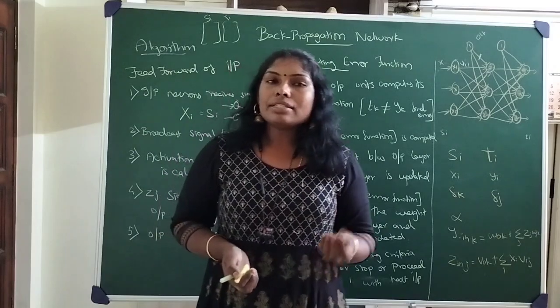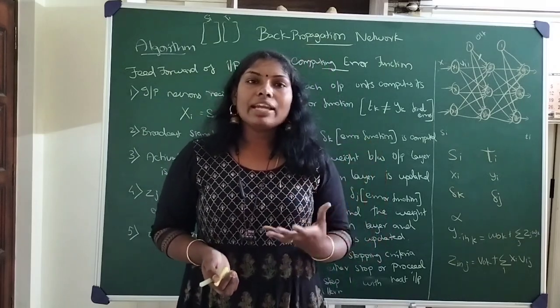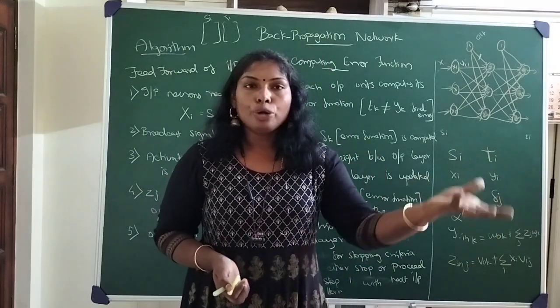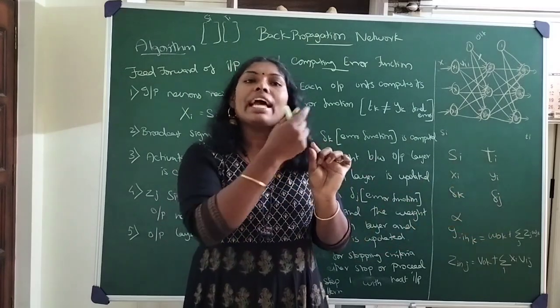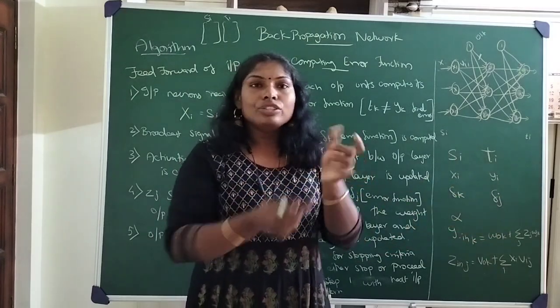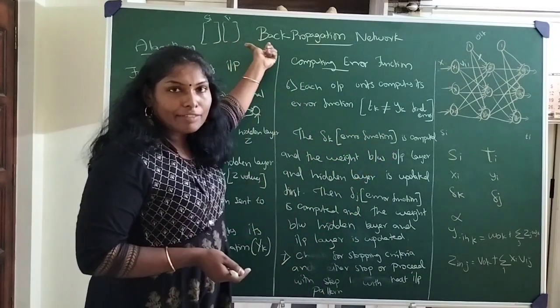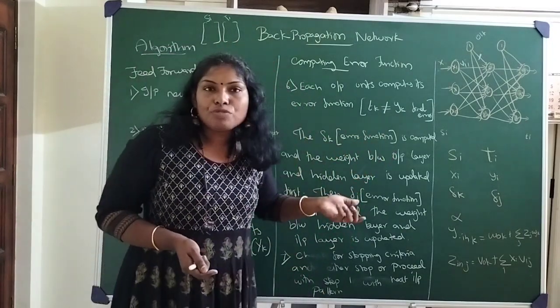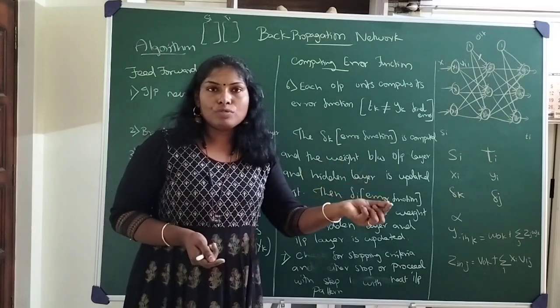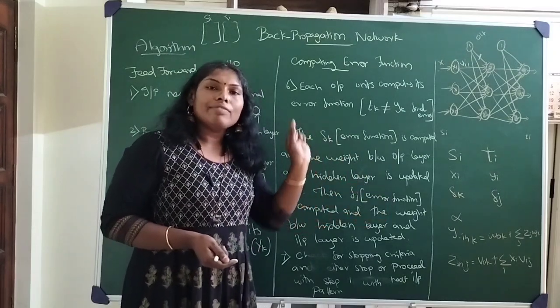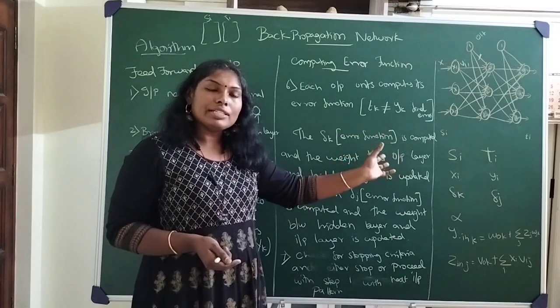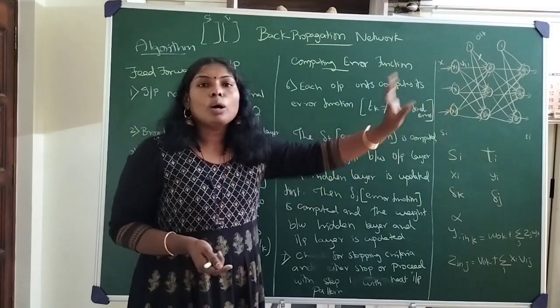If the target is to predict whether a patient has diabetes or not, the output is yes or no, so it has to be converted. Based on the expected output, the target value, we use an activation function. If it is a binary activation function, we convert the exact output that we receive to a binary output of 0 or 1.